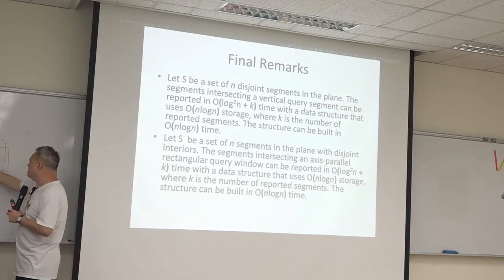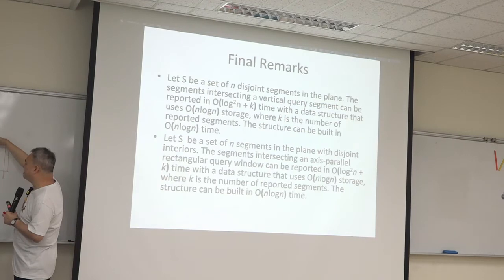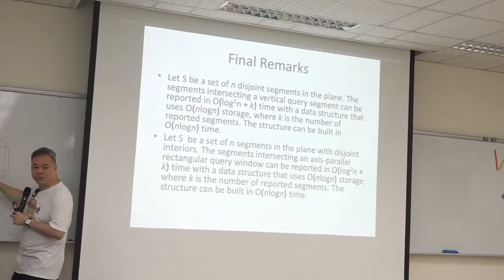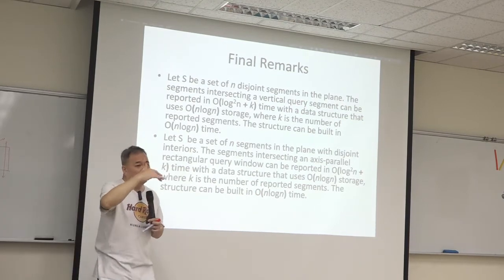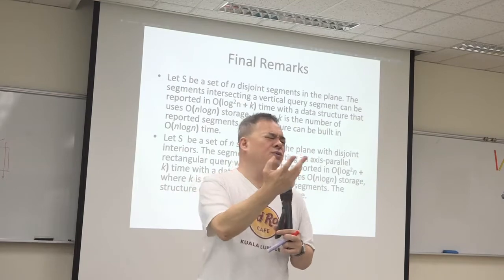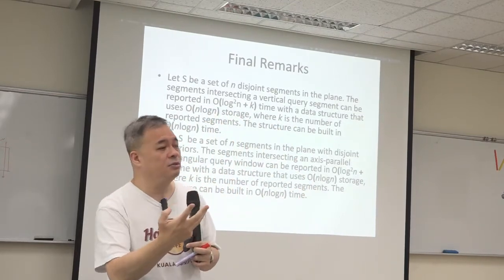We can do the similar thing on the right side, on the top boundary and the bottom boundary. So you do this 4 times. Actually, 3 times should be enough.